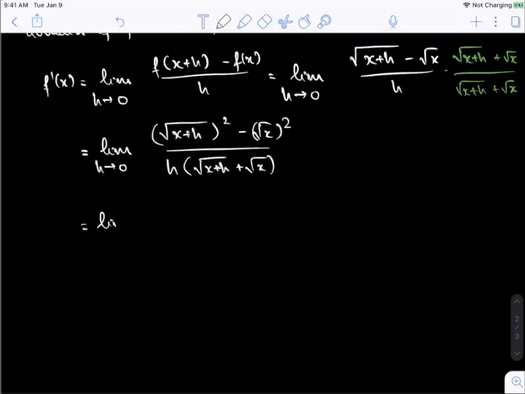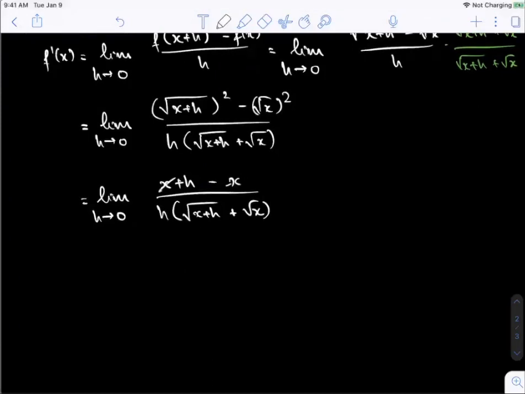So I've got the limit as h approaches 0 of (x + h − x) over h times (√(x + h) + √x). All right, so x minus x cancels out, and you're left with the limit as h approaches 0 of h over h times (√(x + h) + √x).